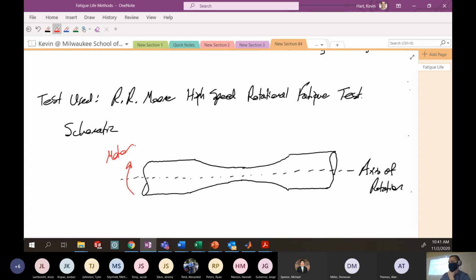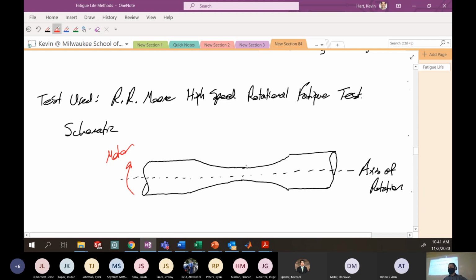In its current condition, I don't have any stress on this piece. It's just spinning around. Maybe there are some centripetal forces acting, but generally very small. So what I want to do is apply some sort of stress to this thing where I'm focusing some stress amplitude in that center region there.